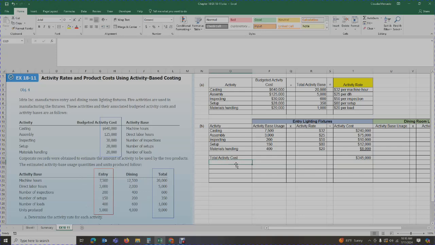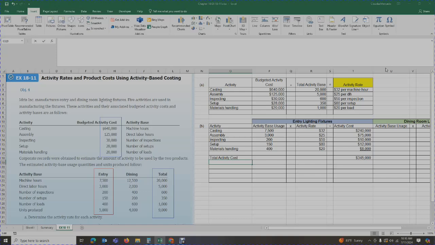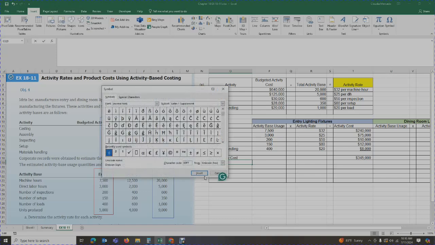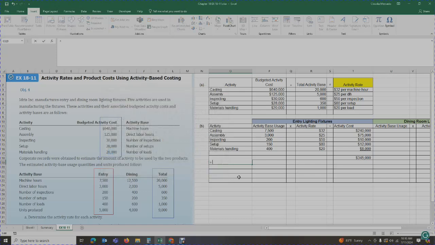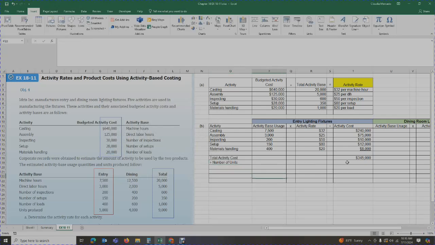Now I want to calculate the activity cost per unit. How much is it costing me per lighting fixture? So I'm going to divide by the number of units. If we look down here, we produced 5,000 units.